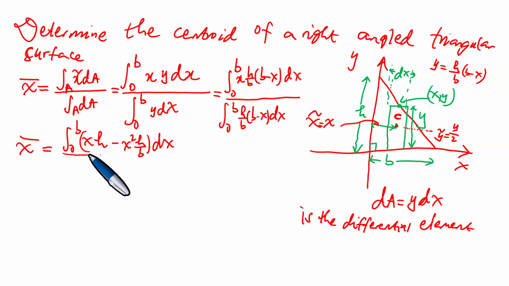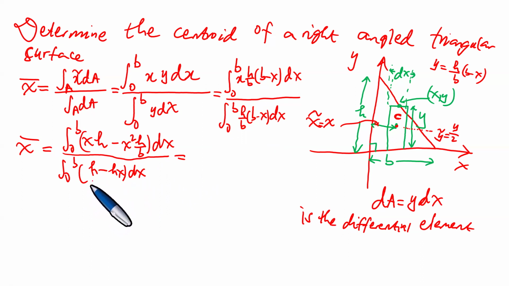And this is divided by the integral, the denominator, which is the integral from 0 to b. You multiply out, which is exactly h minus hx dx. Now what is this?